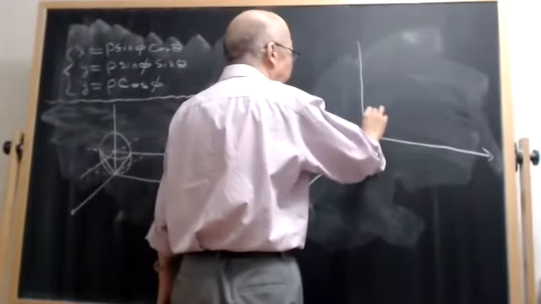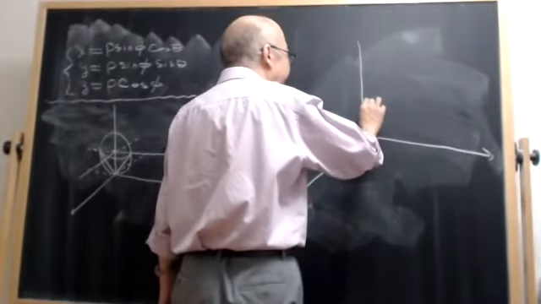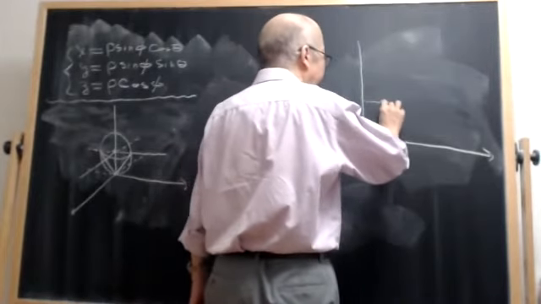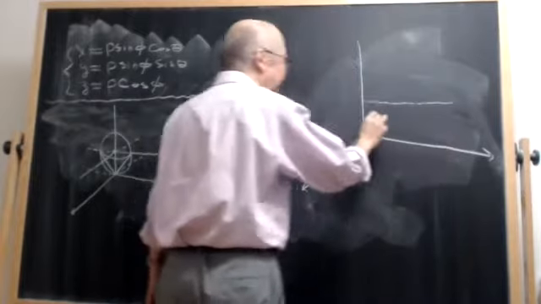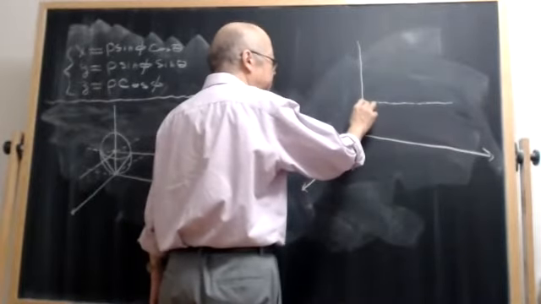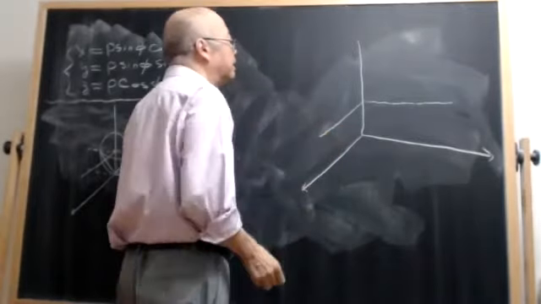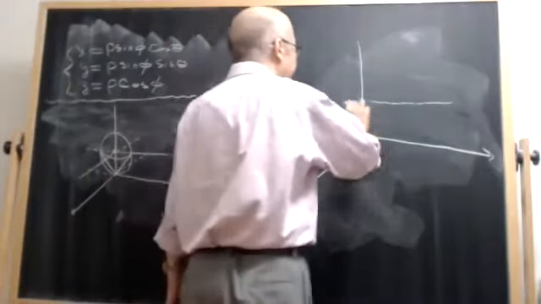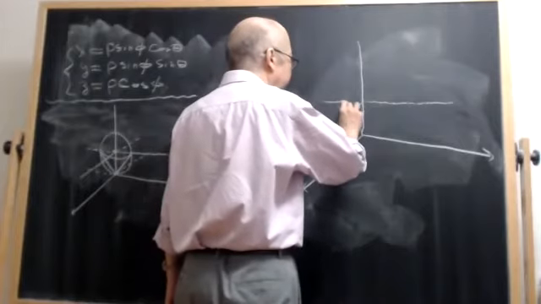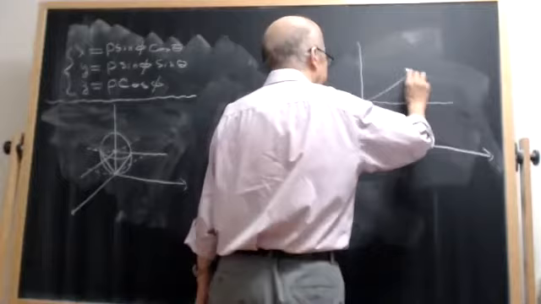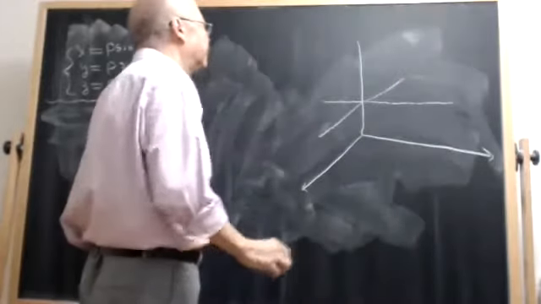So I am going to have 1/2 here. We draw a thin line here and a thin line here. Thin line here and a thin line here.